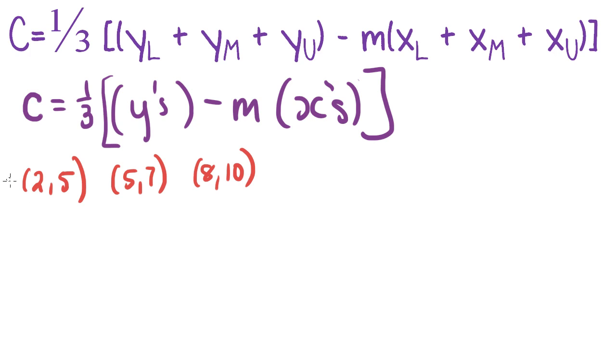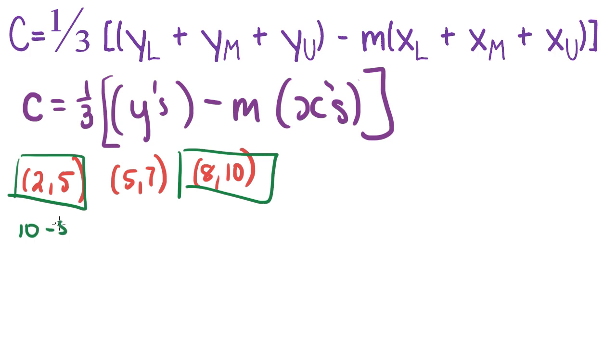So those are our points. Now we use the left one and the right one to figure out what our gradient is going to be. So let's do that. Difference in y over difference in x. We get 10 minus 5 over 8 minus 2 is 5 over 6, and that's our m, which we need to use in this equation. So find the m first. And now we find the c.